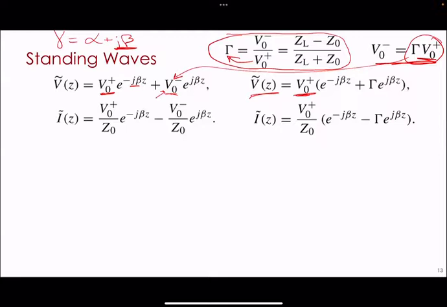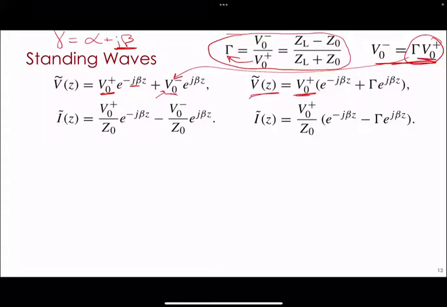That came in all the way back from our solution to the wave equation, and really goes back even further to when we did our Kirchhoff's voltage and current laws. But they should be different because they're going to have different behaviors. We'll see shortly that when the voltage is at a peak, the current's at a minimum, so there is a phase shift between them.